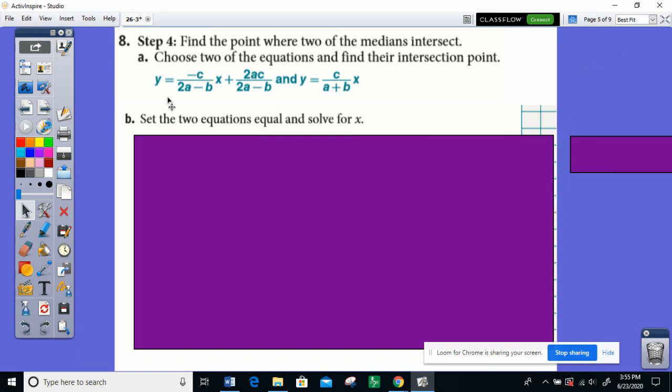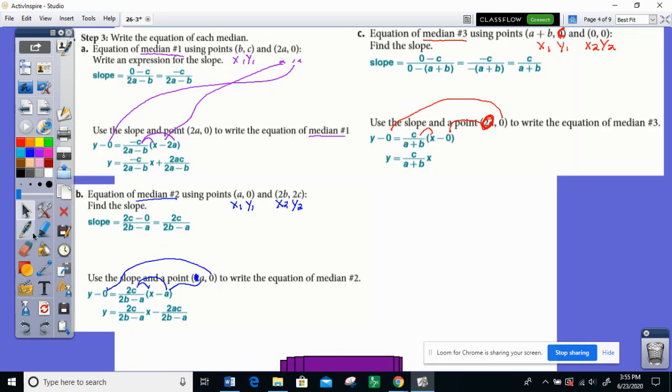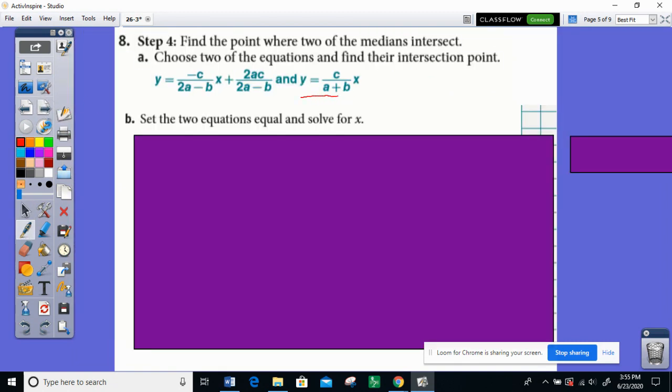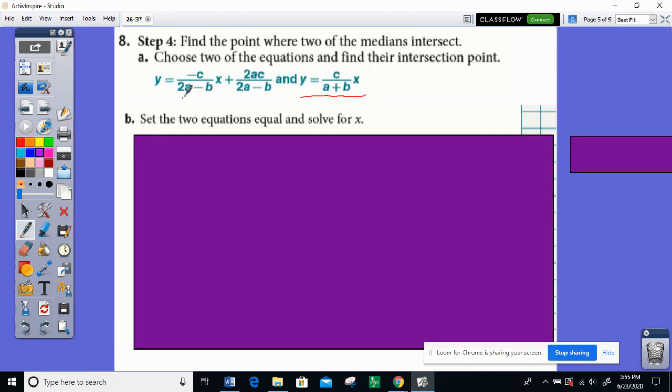So it looks like we're doing the equation for median 3, and we're also doing the equation for median 2, the one that has positive 2ac over 2a minus b.